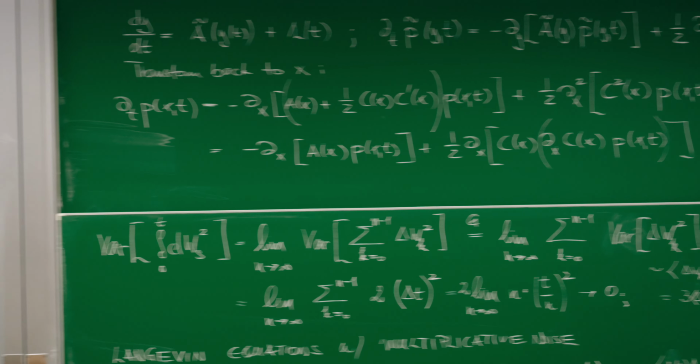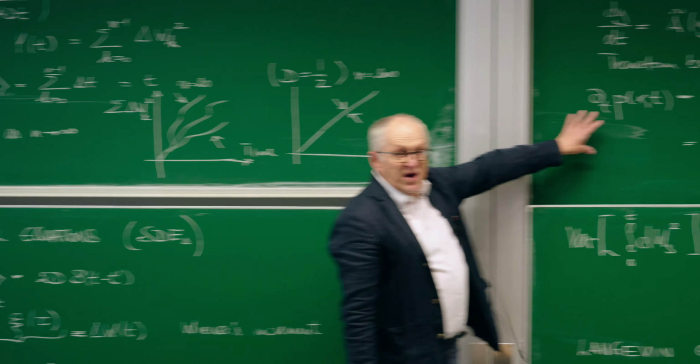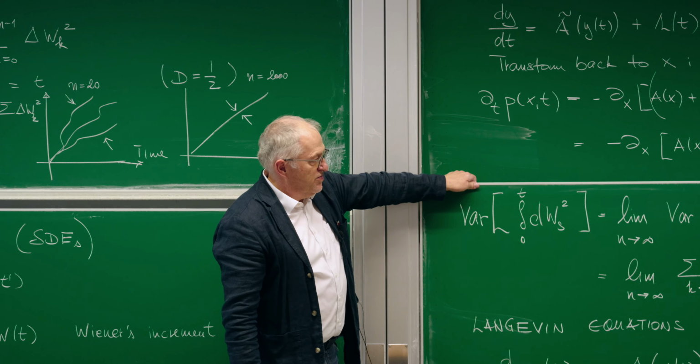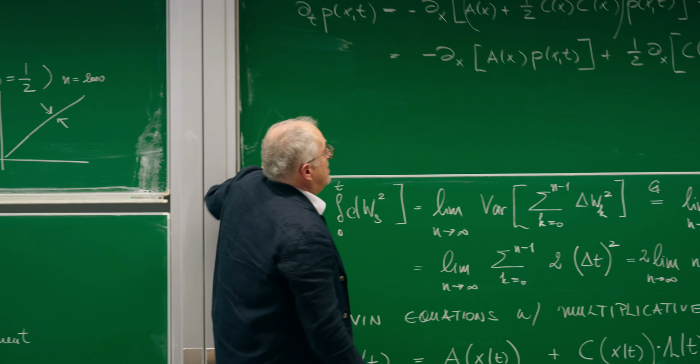So you can do it if you're naive and calculate the Fokker-Planck equation that corresponds to one with multiplicative noise. And now let's compare a bit of what this means.